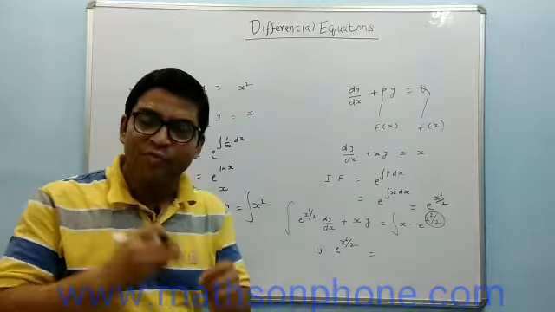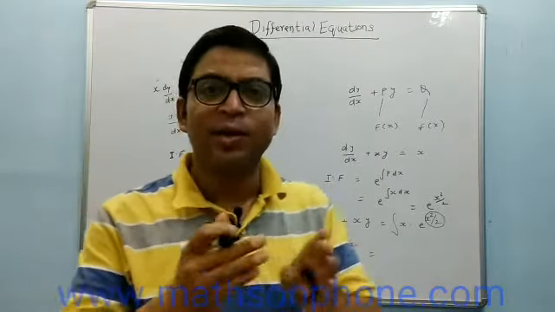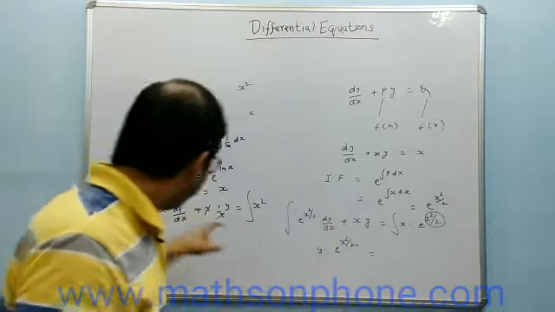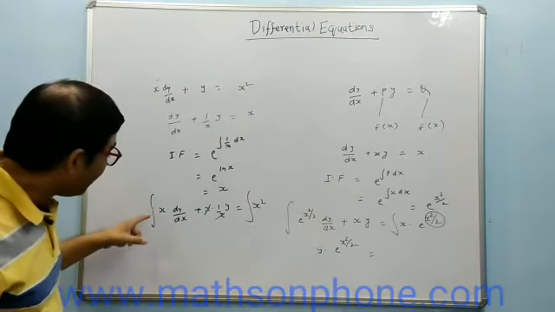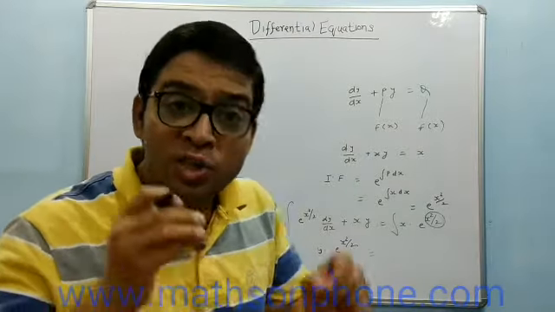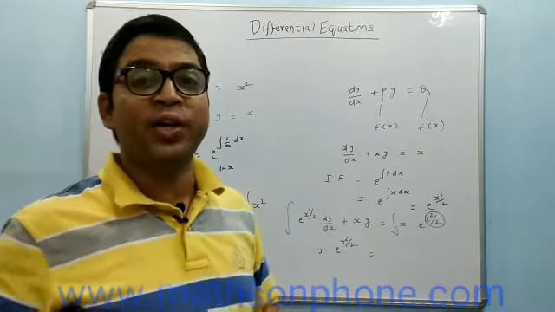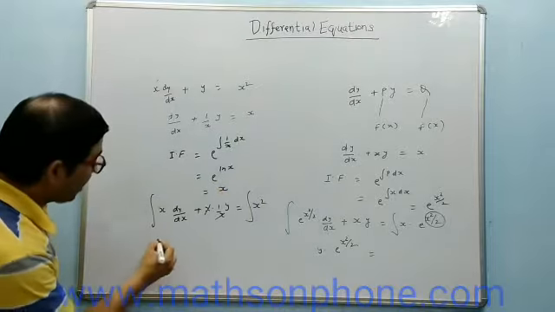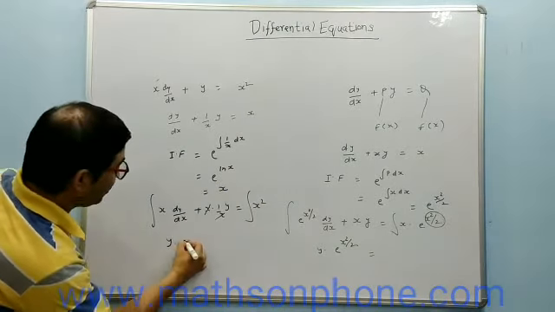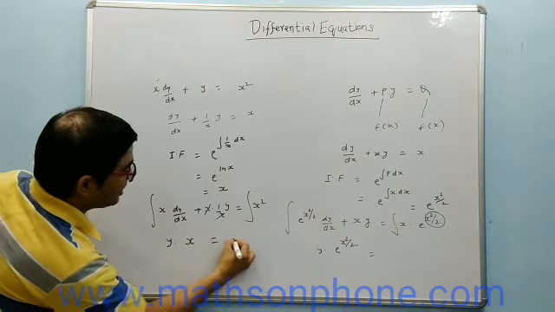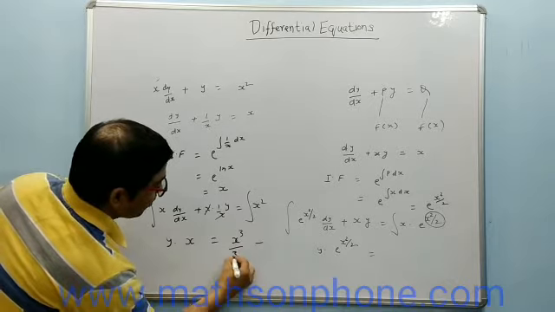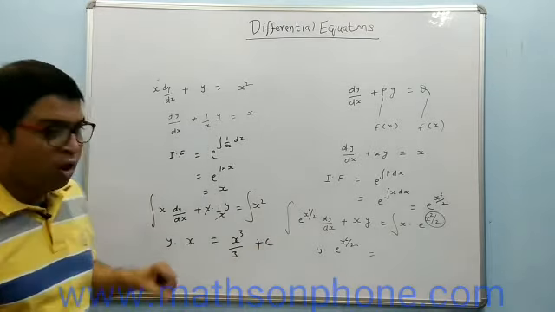So differentiation of x into y is x as it is, that of y is dy by dx, plus y as it is, that of x is 1, and that is exactly in that form, and that integral is cancelling out the derivative sign. That is why I am telling you all the time, it is coming in the form of y into IF, we got here x y, and here we just need to integrate q, x square, which gives x cube by 3 plus c. So we got the solution.